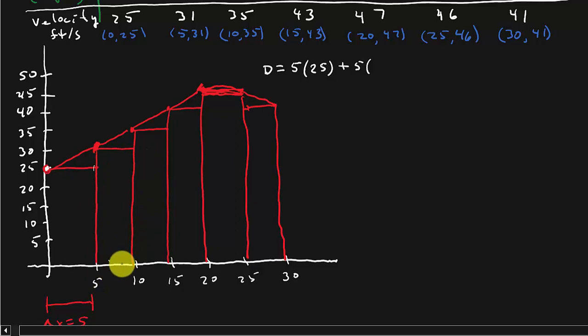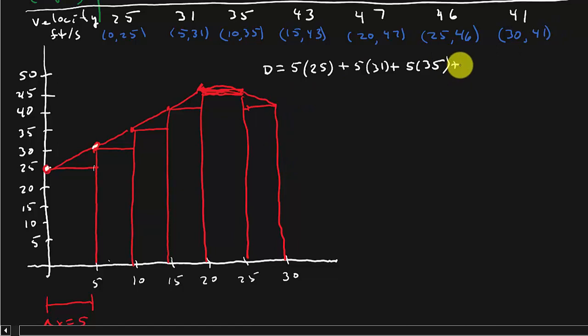This rectangle is this width times this height, which is 5 times 31. And then we would just keep going, adding them up. And so plus, and then that would be what? 5 times 35. See, that's the height of the next rectangle. And we just keep going down the line. See, the height at 30 would be 41. So we're just going to keep going down the line.